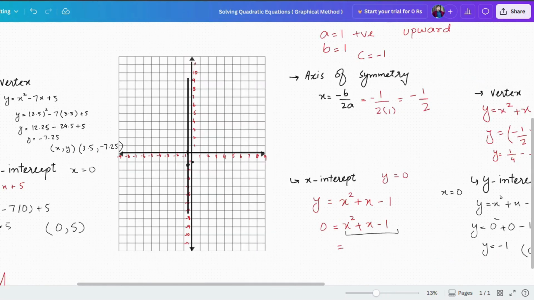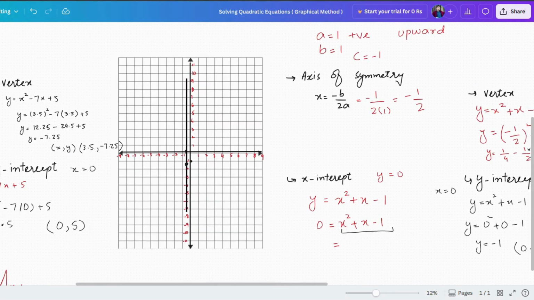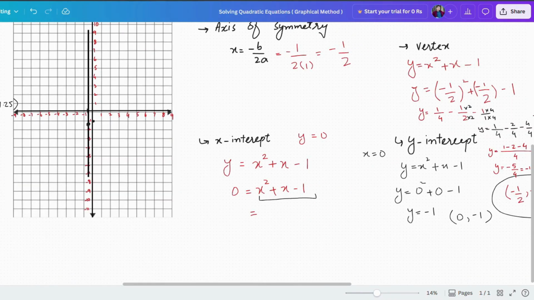So now I need to find out the value of the x-intercept. In order to find out the value of x-intercept, as you can see, this is where the graph is probably passing through, right? So I will just try putting 1 or 2. Let's just try with 1 and see what value I will get. Okay, x is equivalent to 1.